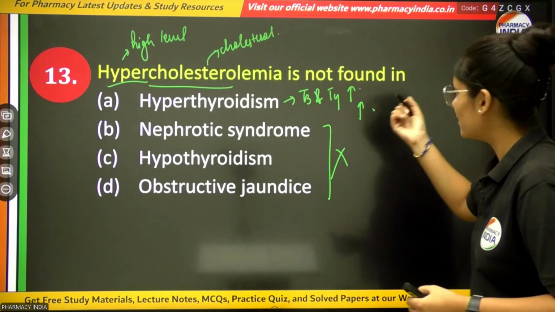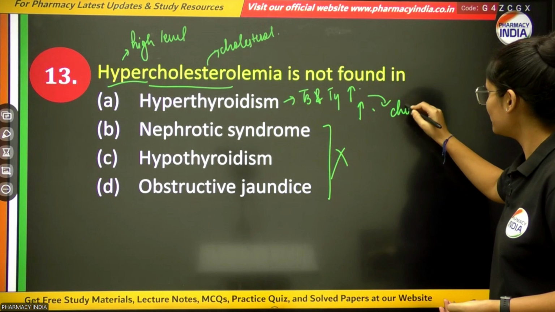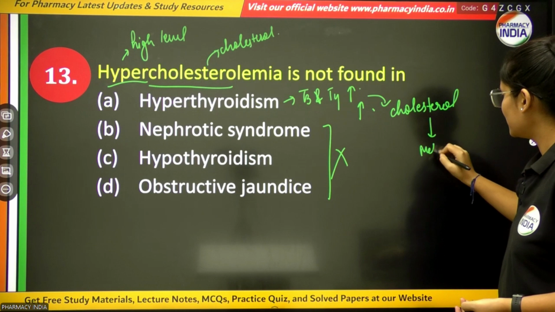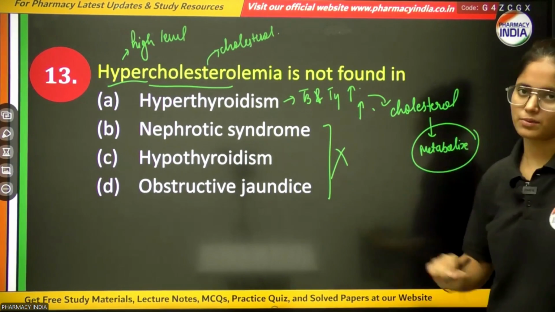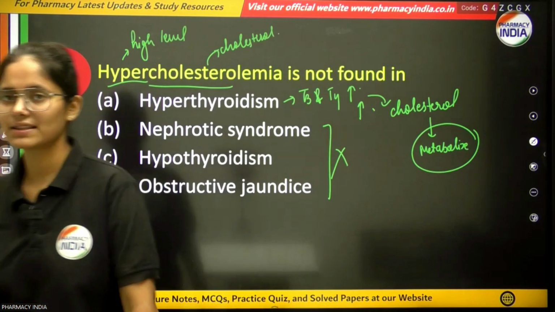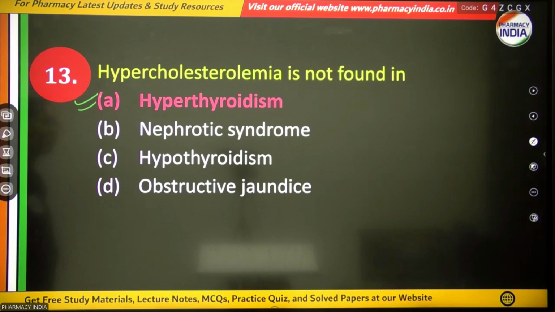So, when your metabolic process increases, cholesterol is metabolized and it does not accumulate in your blood. So obviously hyperthyroidism is that condition in which hypercholesterolemia is not found. Move on to the next question.